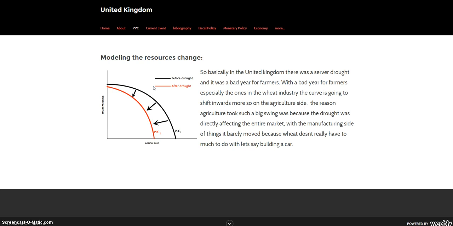Since they weren't making that in their own country, their PPC graph dropped, mainly towards the agricultural side, and it really impacted the country. It cost millions of dollars, and the drought lasted for about 8 months.